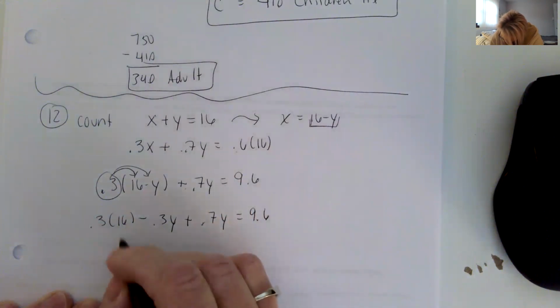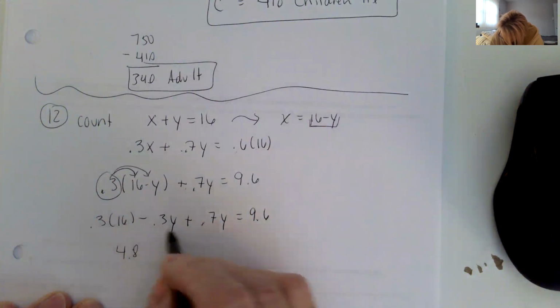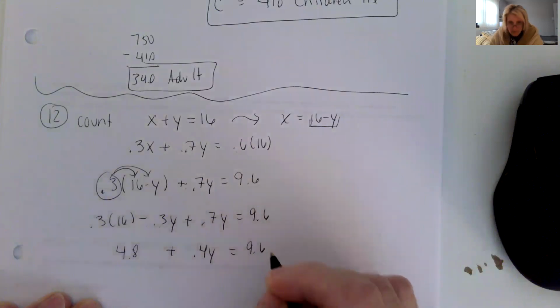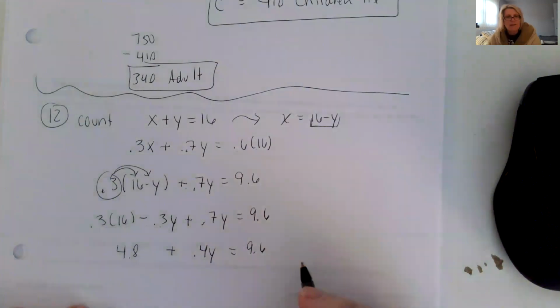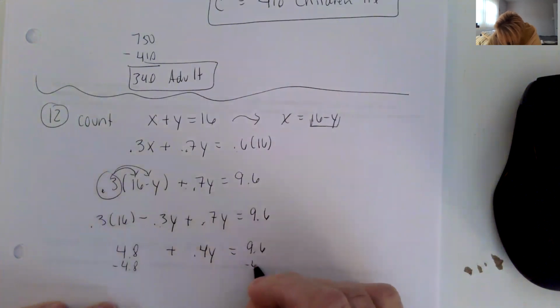So 0.3 times 16 is 4.8. And then minus 0.3 and plus 0.7 is a plus 0.4y equals 9.6. Oh, I was going to do this in Desmos, but here we just did it by hand. Oh, well. Subtracting 4.8, we get 0.4y equals 4.8.